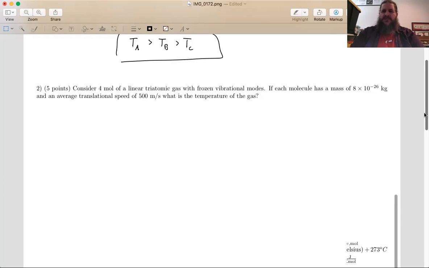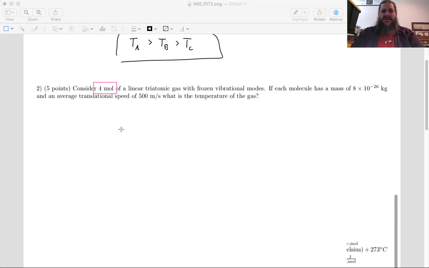The 6n minus 5 doesn't tell you the number of molecules, although the problem itself tells us the number of molecules. Specifically, the number of molecules was 4 times Avogadro's number, 4 moles of molecules.